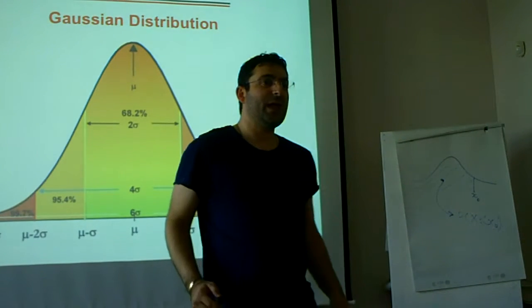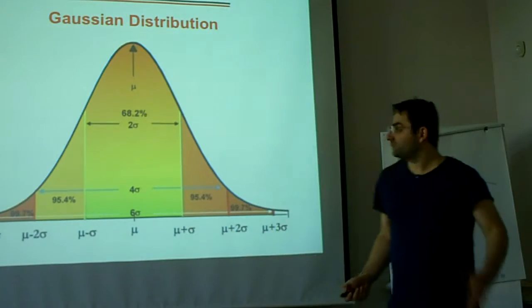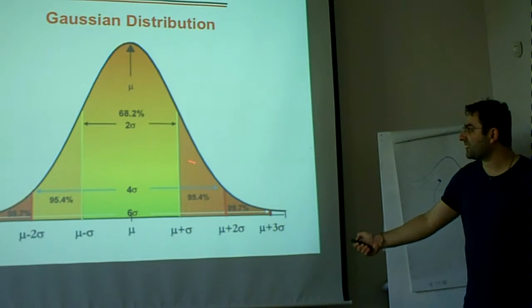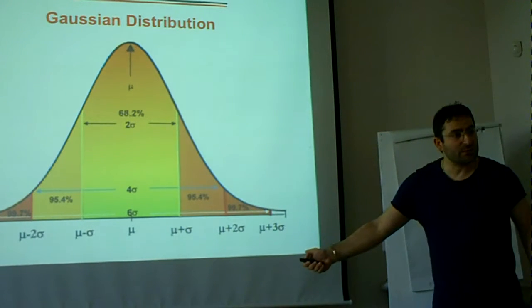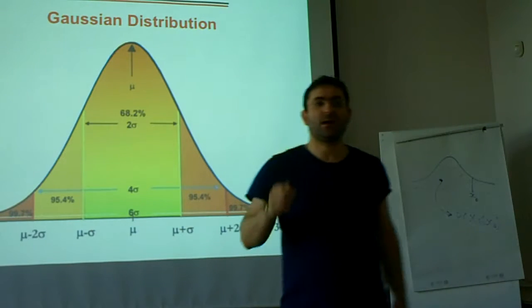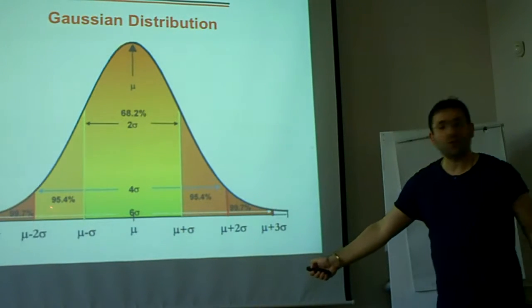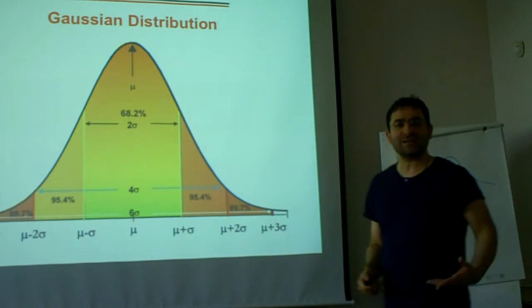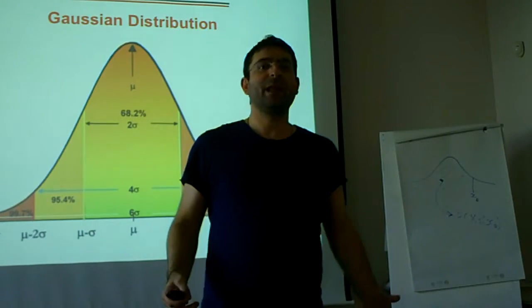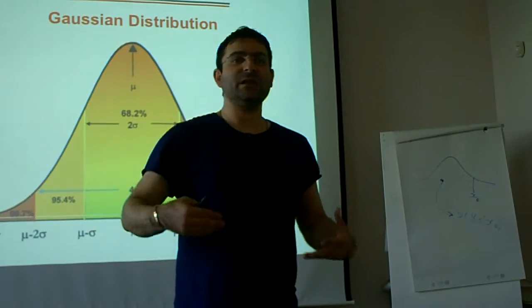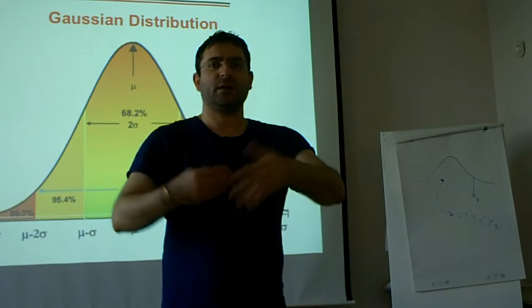And even better, if I go 2 sigma to the right or 2 sigma to the left, in other words, mu plus minus 2 sigma, I have 95.4%, almost 96% of the whole data. And that is great because I can easily consider 96% of the data and comment.